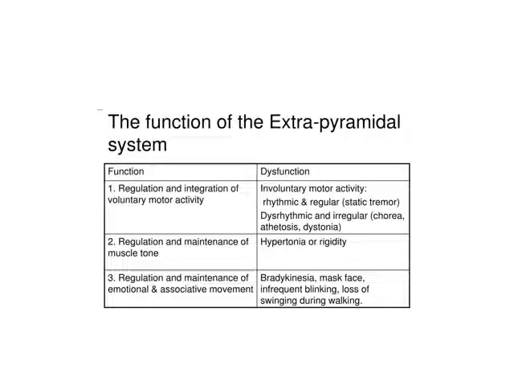So, our first function is regulation and integration of voluntary motor activity. What happens if this function is impaired? We have involuntary motor activity, which is either rhythmic and regular, forming static tremors, or dysrhythmic and irregular, giving chorea, athetosis, and dystonia.